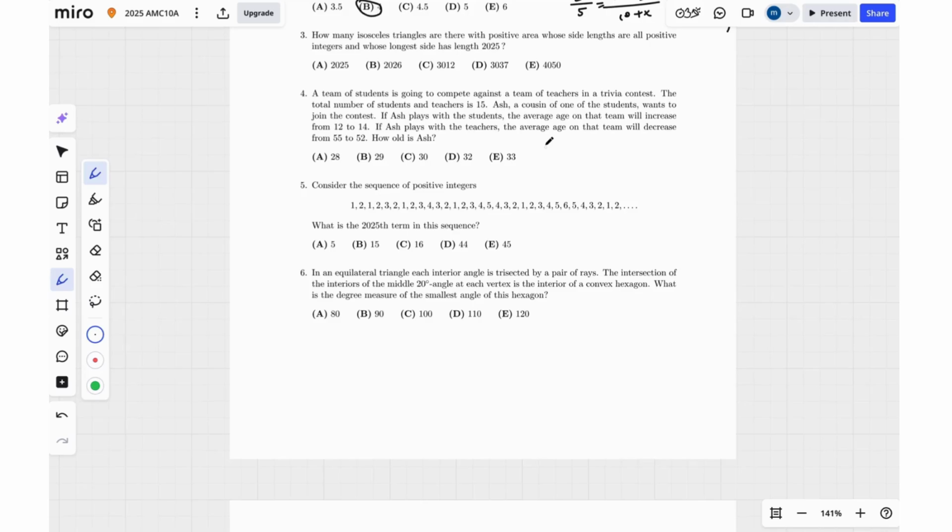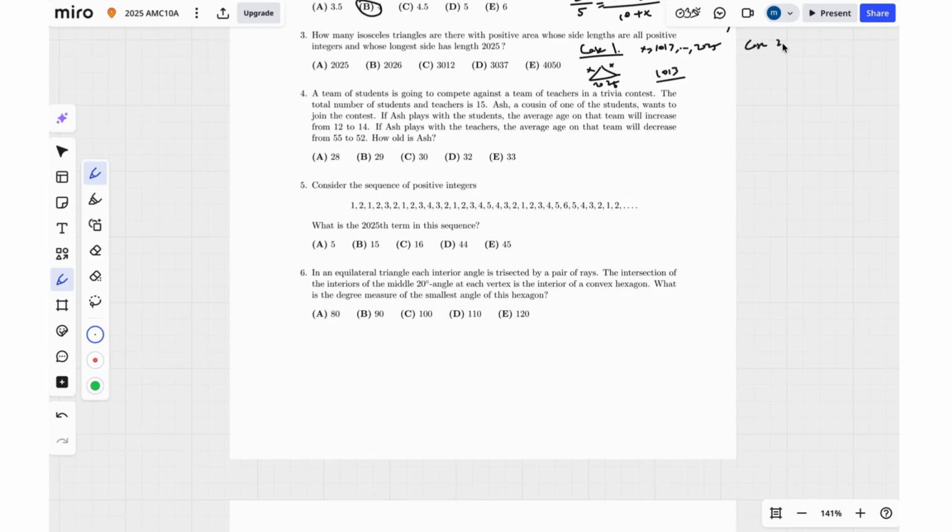Next, we want to find the number of isosceles triangles. So there are two cases here. Case 1 is when 2025 is the largest side. So using triangle inequality, we have x equals 1013 all the way to 2025, and this gives 1013 triangles.